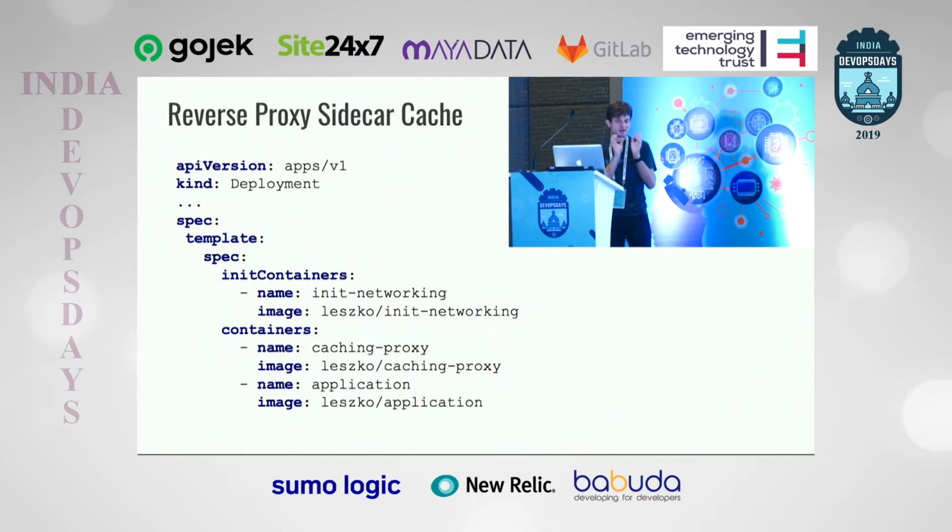We need to change the networking inside our Kubernetes pod, because normally the application receives the request, as the application has this port open. But we need to change it, so that each request coming from outside the pod will go not to the application but to our caching proxy.